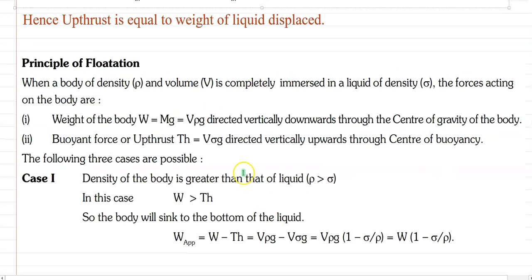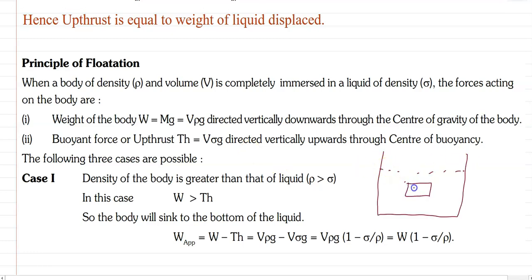Now, the principle of floating: when a body floats on a liquid or is submerged in the liquid. If I take a container and a body is immersed in it, then the gravitational force mg, which equals V rho g, where rho is the density of the body, acts downward, and the upthrust or buoyant force acts upward, which equals V sigma g, where sigma is the density of the liquid.